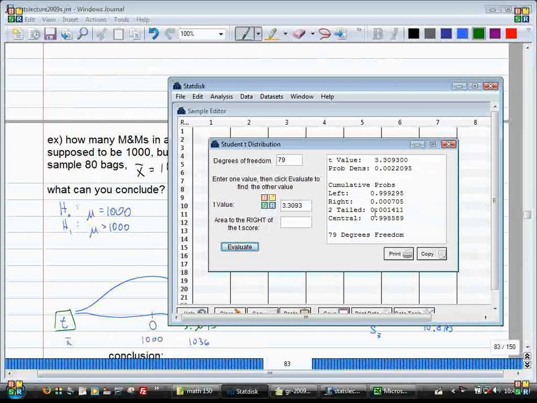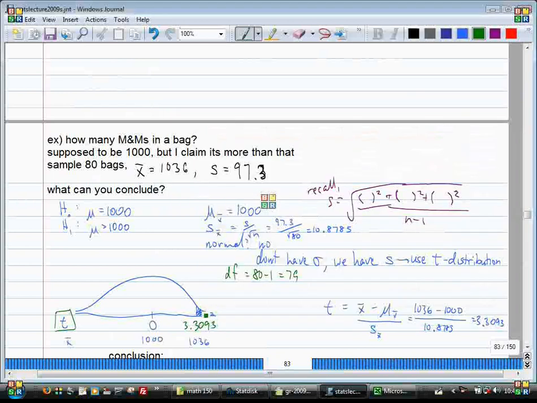The area to the right is 0.0007. Area to the left is 0.9993. So now we're ready to make our conclusion. What's our conclusion? We are 0.9993 confident that mu is greater than 1,000.